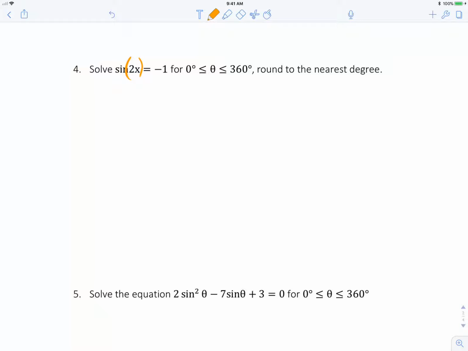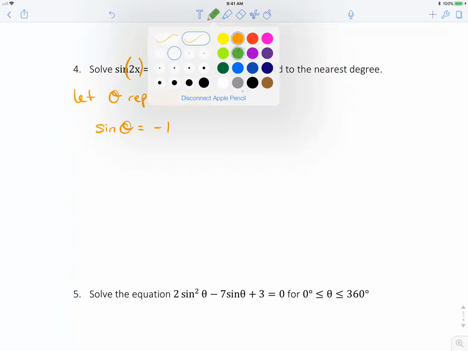The very first thing I want to do is I want to get rid of that 2x. So I'm going to say let theta represent 2x, which means I'm able to rewrite my equation. Sine of theta equals -1. That's much nicer. That makes sense to me.